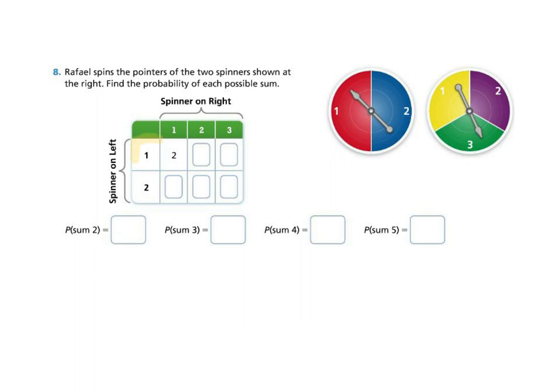This column here is telling you that it's the spinner on the left, which is this guy here, okay? These columns here are referring to the spinner on the right, okay? So let's just make sure we're clear there. So let's fill in with what we know.